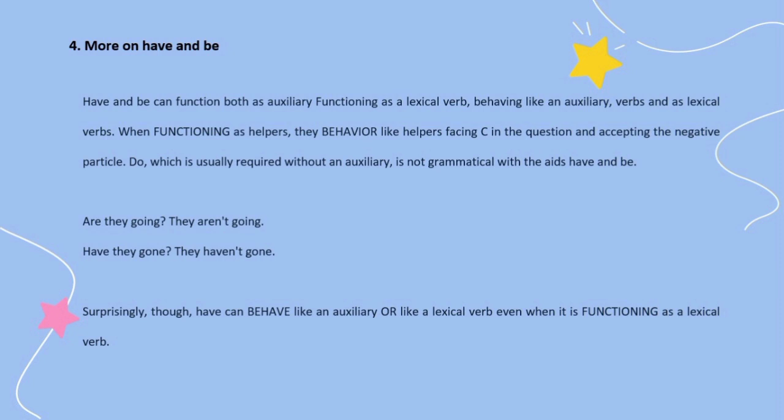Do, which is usually required without an auxiliary, is not grammatical with the auxiliaries have and be. Example, are they going? They are not going. Surprisingly, have can behave like an auxiliary or like a lexical verb even when it is functioning as a lexical verb.